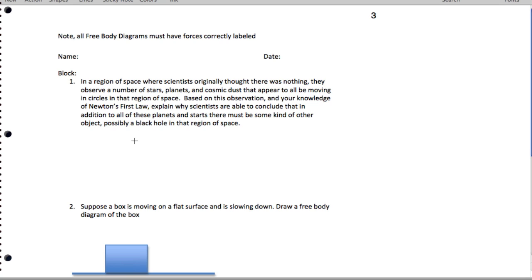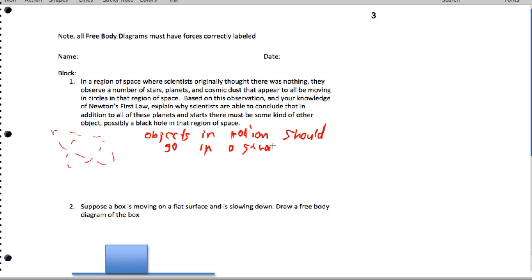For example, this first question: you see all these objects going around in circles, but you don't know why. The answer is that if you're going to use Newton's first law, objects in motion should go in a straight line at constant speed.